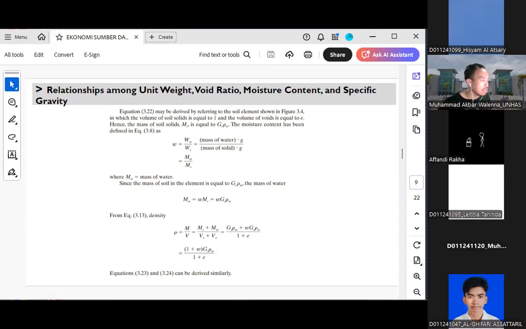The mass of water equates to moisture content multiplied by mass of solids.